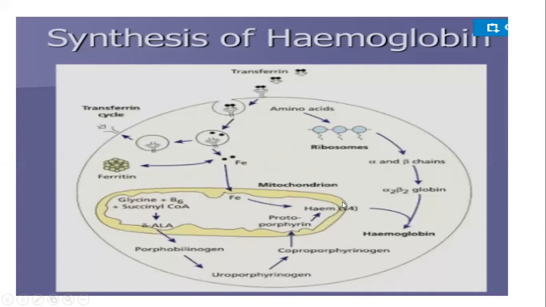This heme is then released from the mitochondrion to meet the globin chains, which will have been formed from the ribosomes as a result of amino acids being brought together to form either an alpha chain or a beta chain. So the moment you combine the chains together with the heme component, you end up with hemoglobin. Okay, so you notice very quickly that the cell plays a key role either at the ribosomal level or at the mitochondrial level.